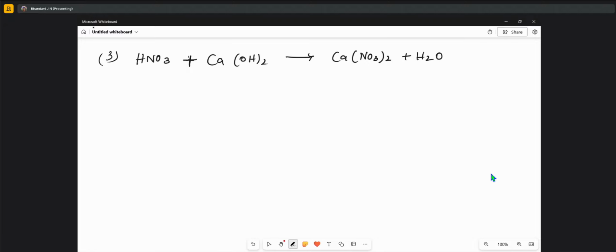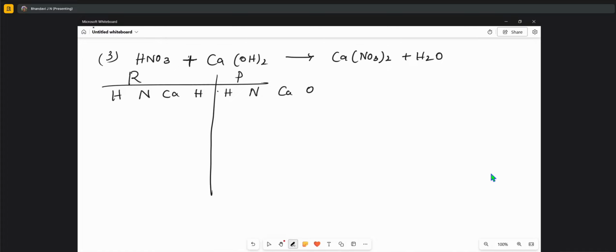So in the reactants, we have hydrogen, nitrogen, calcium, and oxygen. In the product also, the same way: hydrogen, nitrogen, calcium, oxygen.